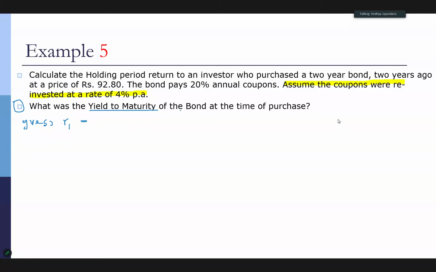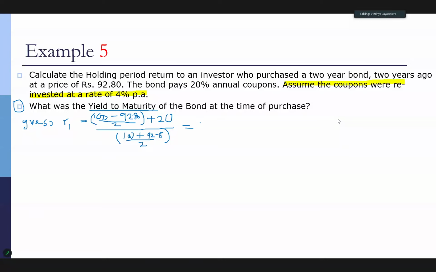So it's annual coupon, it's very easy. Target minus 92.8 over a 2-year period, plus 20, divided by 100 plus 20, 92.8 over 2-year average.